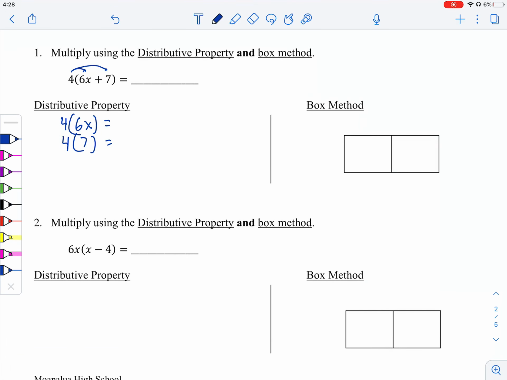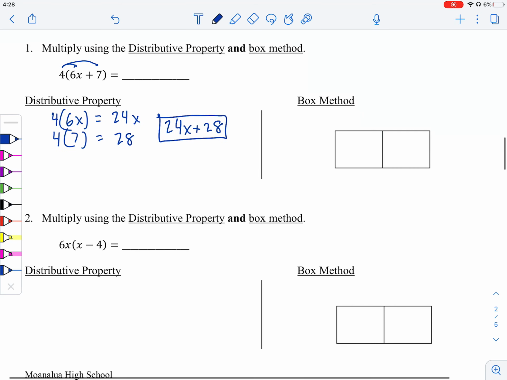So 4 times 6x, 4 times 6 is 24, with 1x, so it's 24x. 4 times 7 is 28. And then combine like terms, if possible. These are not, we cannot combine like terms, so we just write them out. So we have 24x plus 28. That's going to be our solution using the distributive property showing our work.